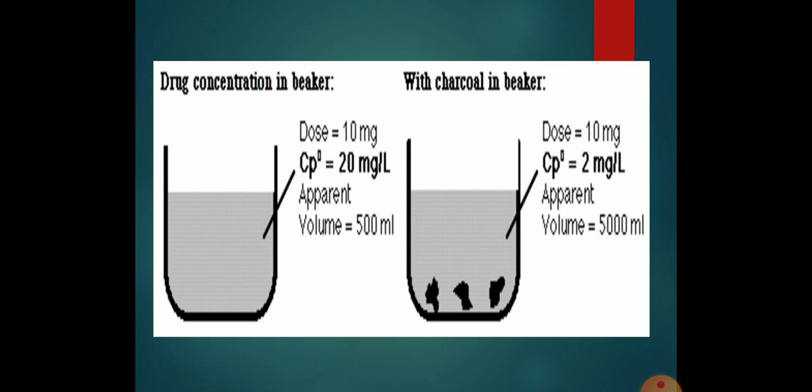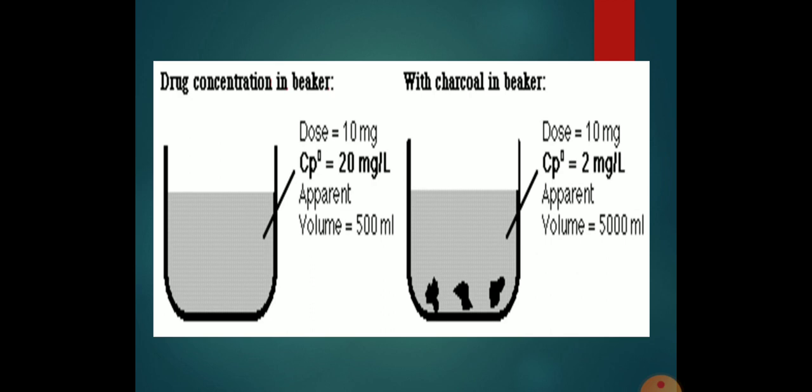Lipid insoluble drugs usually do not enter cells, and V approximates the extracellular fluid volume. There are different examples like streptomycin and gentamicin. Distribution is not only a matter of dilution, but it is also related to binding and sequestration.